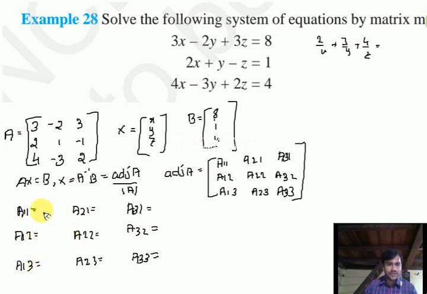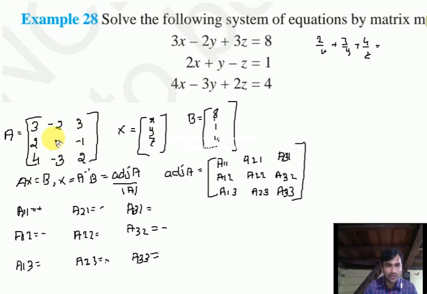So now you need to start with plus. So this value will be plus, this will be minus, plus. Whenever you have plus, I don't write that plus. So after this plus you have minus here. Plus, minus, plus, minus, plus. Okay, this is first row, first column. First row, first column means you need to leave first row and first column.